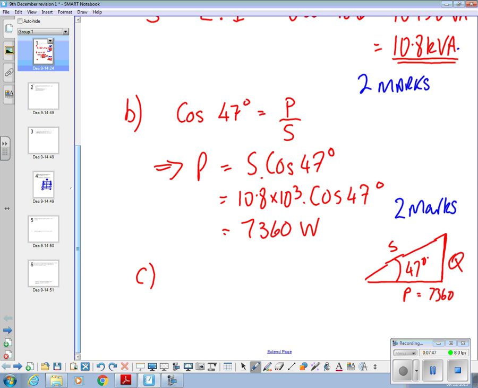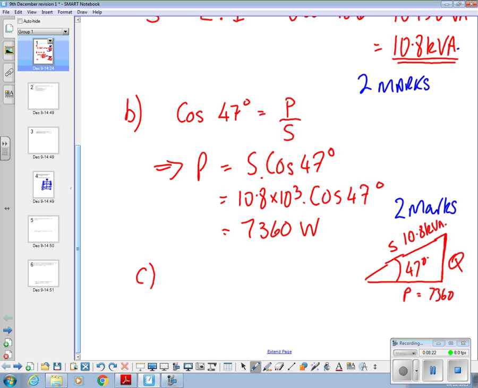Do you know an easier way than that? You can use S equals the square root of P squared plus Q squared and rearrange that. So in this instance, rather than do loads more calculations with sines, cosines and tangents, you know 2 sides of a right-angled triangle, so use Pythagoras' theorem.